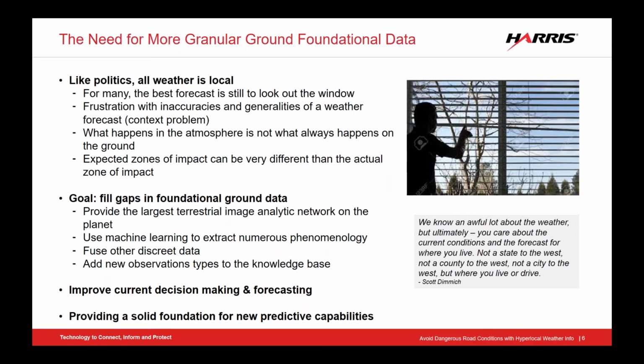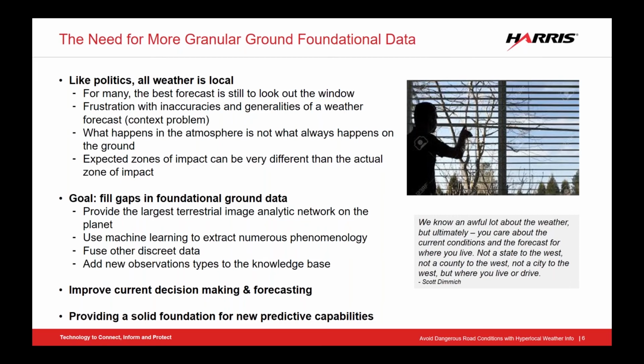So I think the biggest issue is what happens in the atmosphere is not always what happens on the ground. And we all are familiar, those who are at DOTs, those who are trying to do anything, we realize that the atmosphere is a little bit different than the ground. There's weather phenomenology and phenomena that happen that even though you may have lots of clouds that have lots of water in them, there can be layers of warm air, and sometimes the rain doesn't hit the ground, sometimes it does.